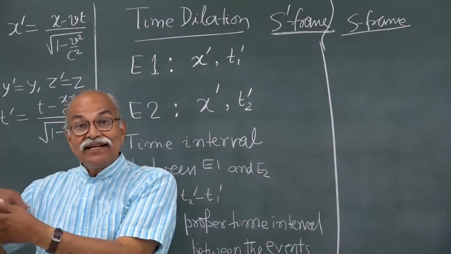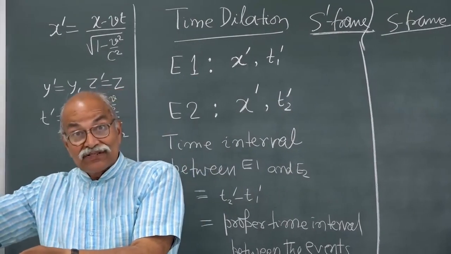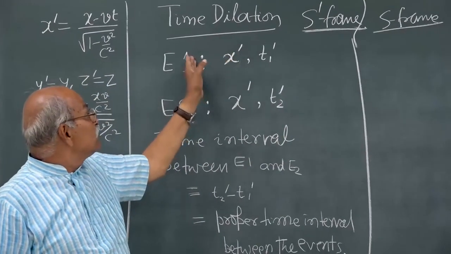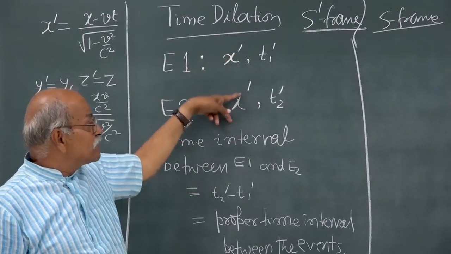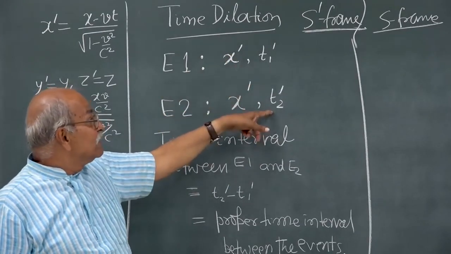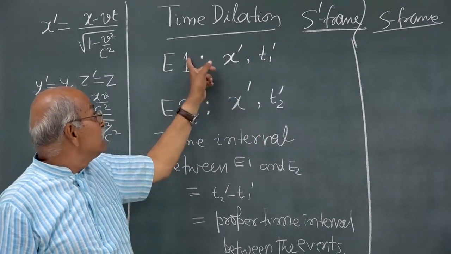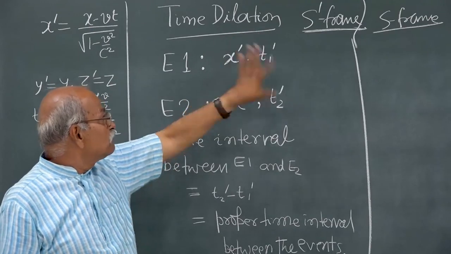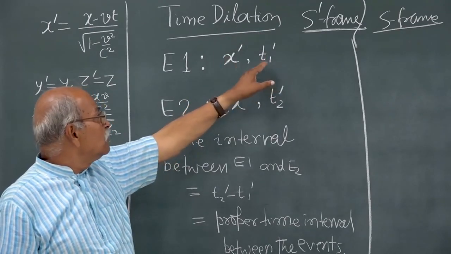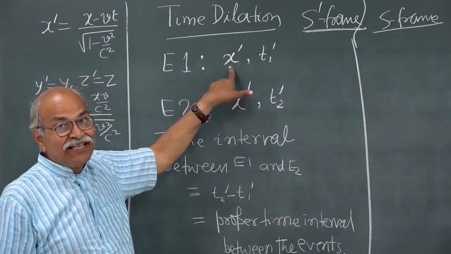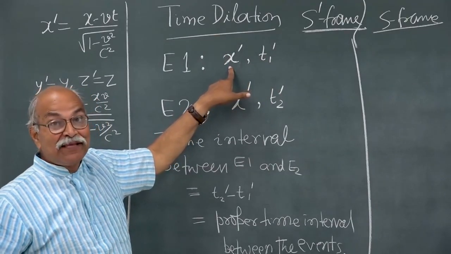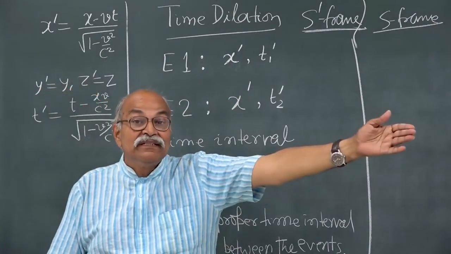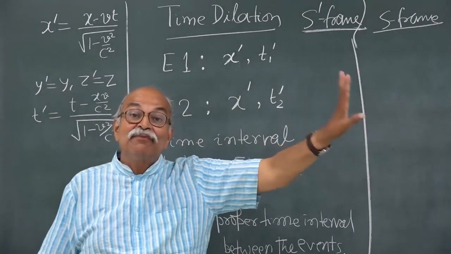So, the second event has taken place somewhere else. If in the S prime frame these two events have taken place at the same position, same x prime, but at different times, when the first event E1 takes place the bulb is put on, and then after some time the bulb is put off, but in this time the bulb has already moved, and therefore the second event is at some other position.